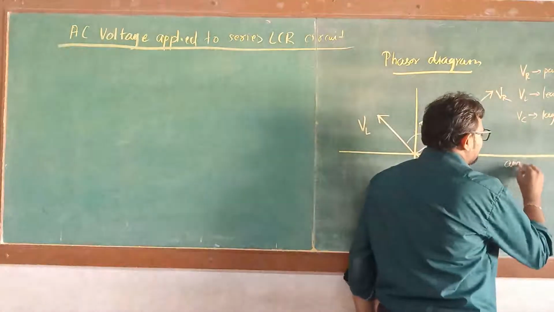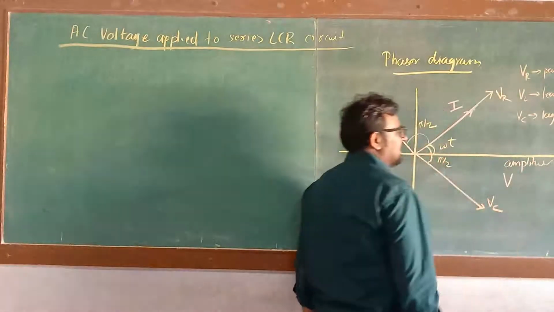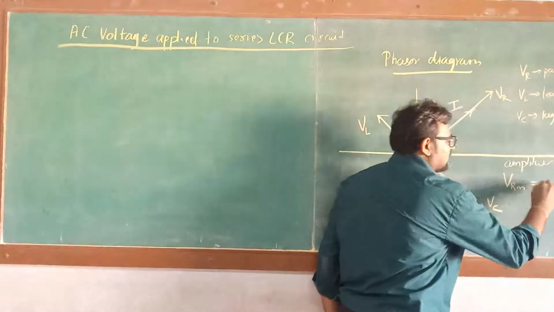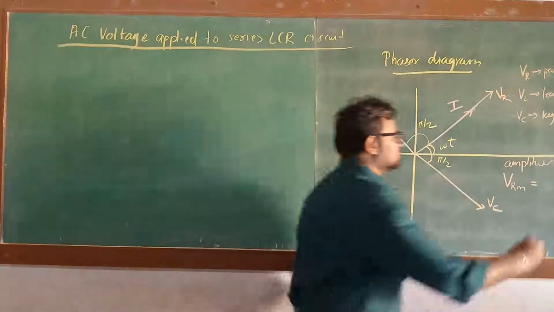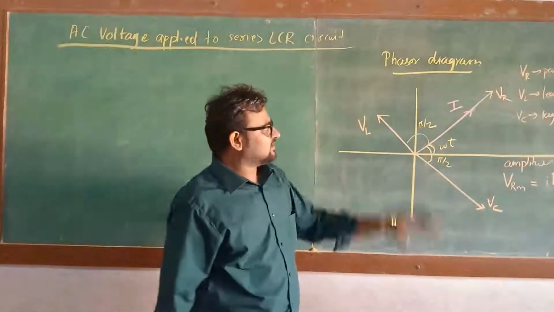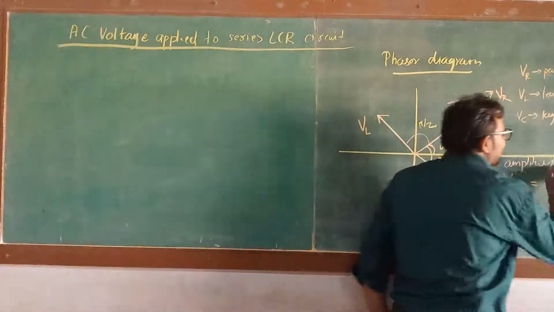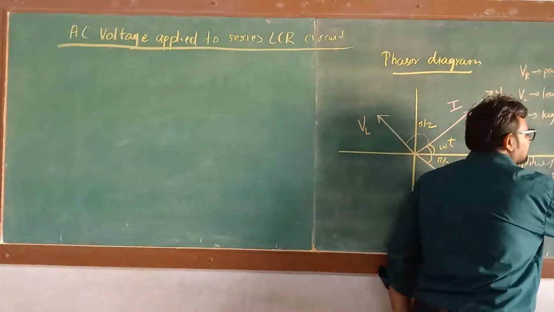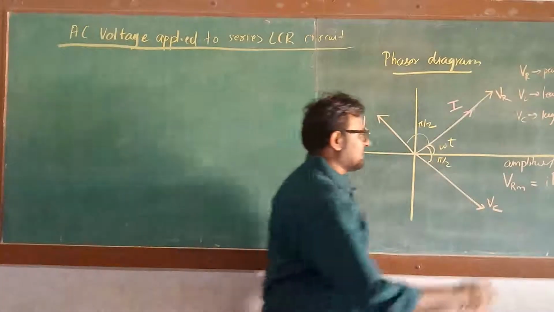The amplitude across the resistor, VRm, M for maximum, is equal to V equal to IR. This will be the length of the phasor.